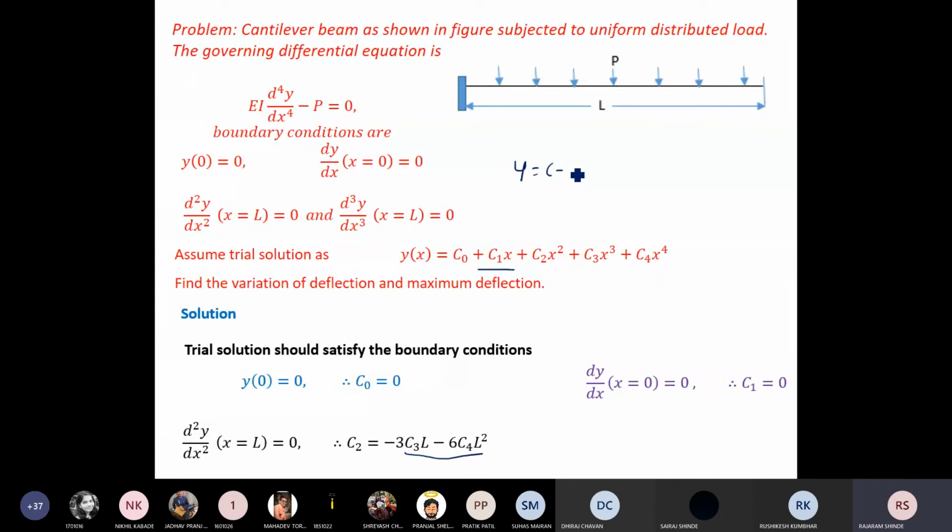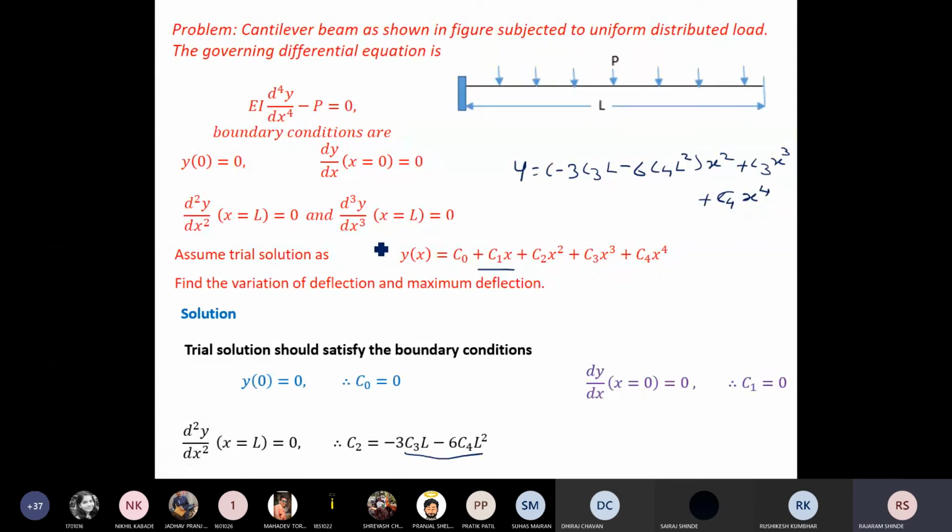Minus 3c3L minus 6c4L square into x square plus c3x cube plus c4x raised to 4.